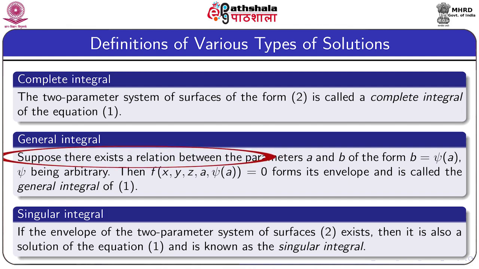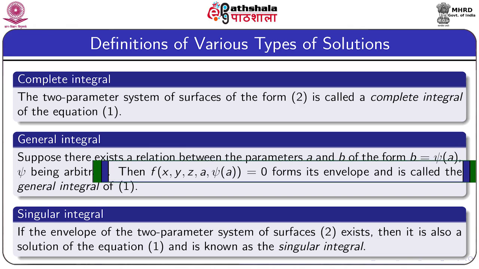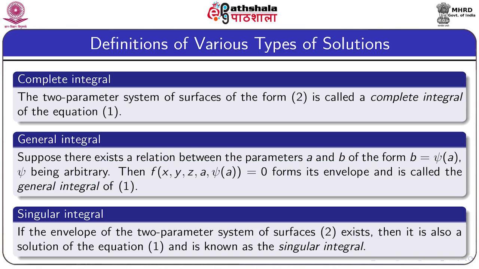Suppose there exists a relation between the parameters a and b of the form b equals some function of a, psi of a, psi being arbitrary. Then if the relation f(x, y, z, a, psi(a)) equals 0 is also a solution of the given equation, the envelope of this one parameter system constitutes a solution of the given equation 1, and that solution is known as the general integral of equation 1.